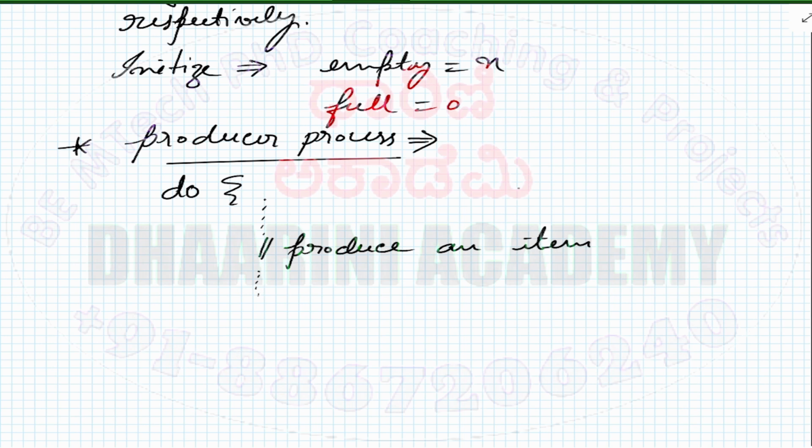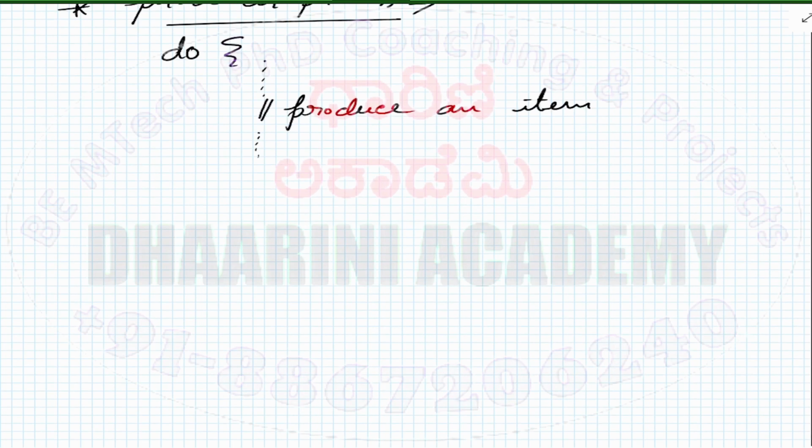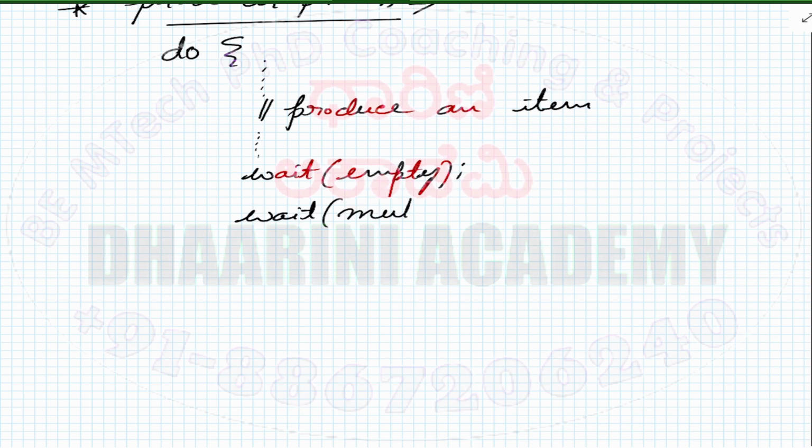This part of the code is responsible for producing an item. We saw the producer consumer example earlier, and now we are trying to resolve the issue we faced there. So produce an item, then you go for the wait function: wait empty, then also wait mutex.